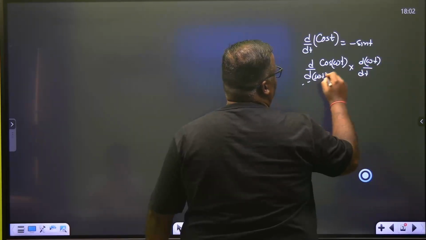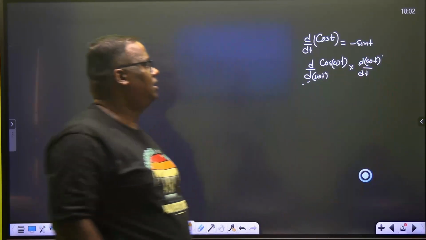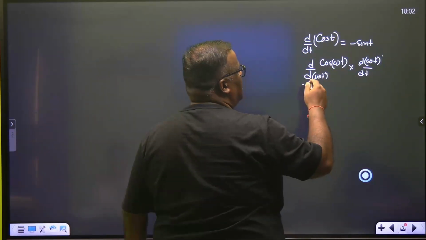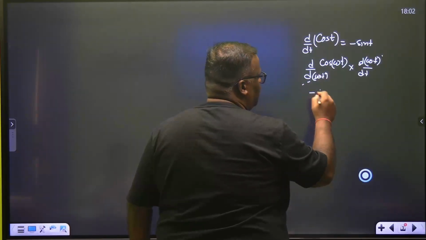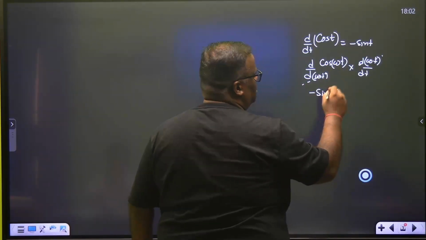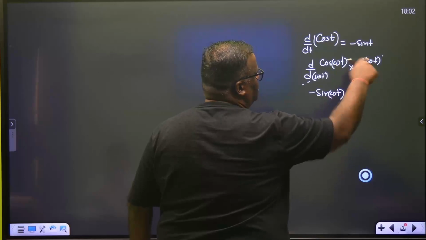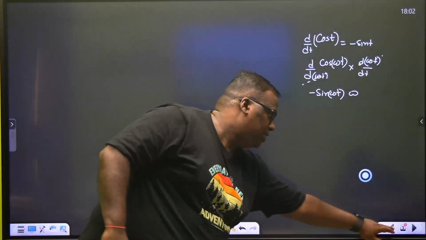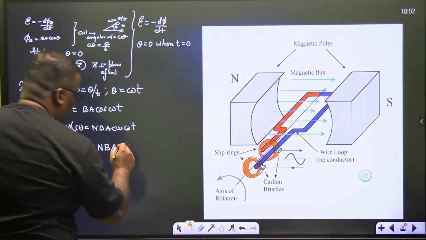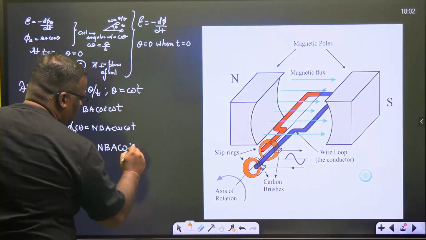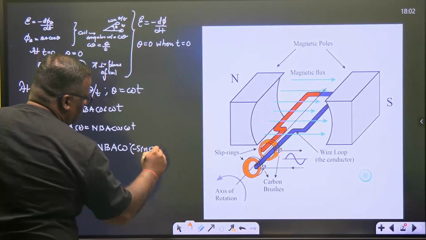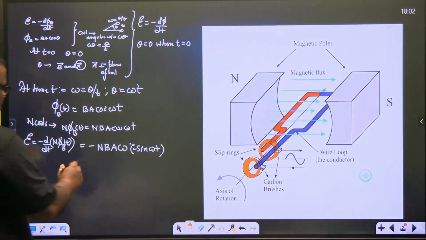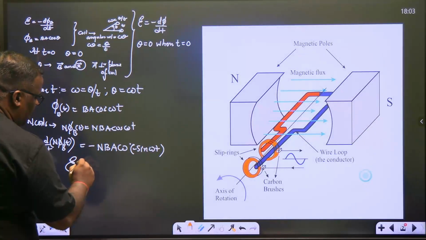If d/dx of cos x is minus sine x, d of cos of something is minus sine of that something. And omega is a constant here, so you get 1 omega. Right. So our derivative will be what? Omega, then negative sine omega t. Have you understood? Negatives and negatives will cancel each other.